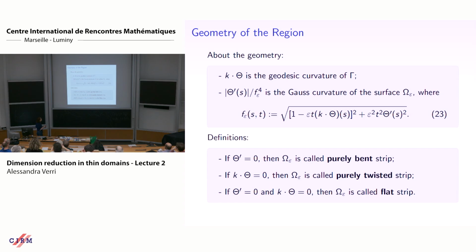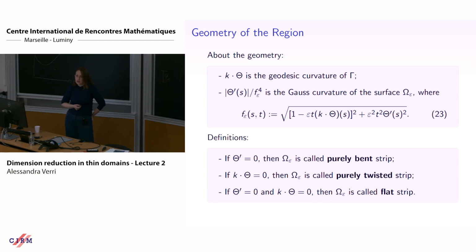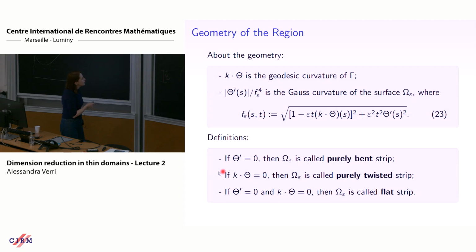Some definitions: if theta prime is equal to 0, then Omega_epsilon is called a purely bent strip, so we don't have a twisting effect. If k_theta is equal to 0, we call Omega_epsilon a purely twisted strip.